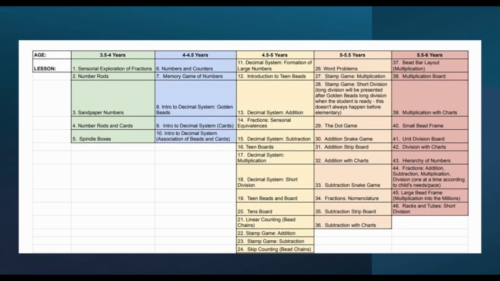I don't want you to hold firmly to anything, but keep in mind that everything is flexible to meet the needs of your environment. If you have students that need these lessons before or after the age group I've listed, that's fine. Use it just as a guide, and I'm going to post it so that you have access to it.